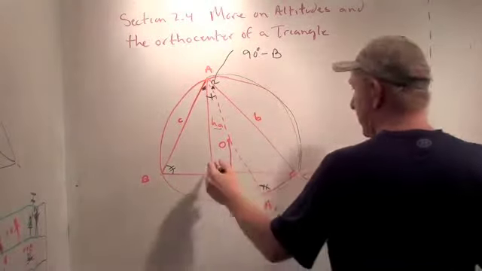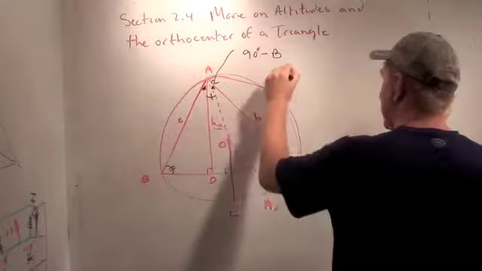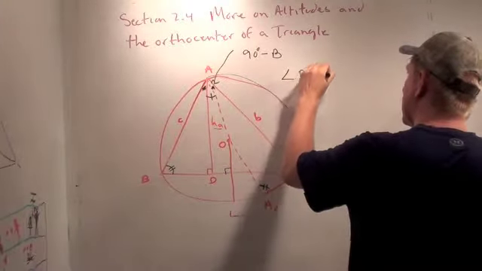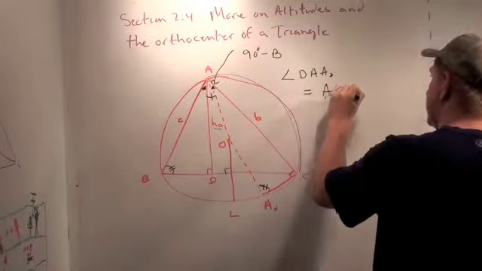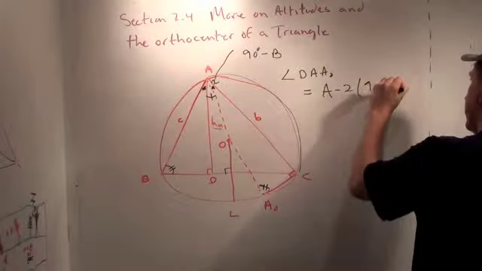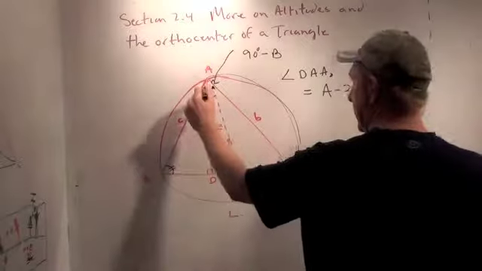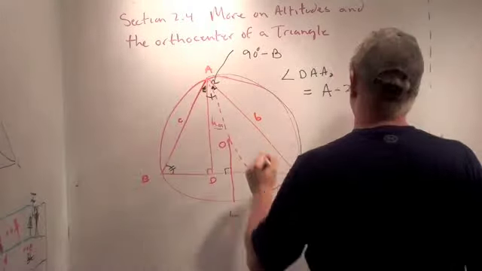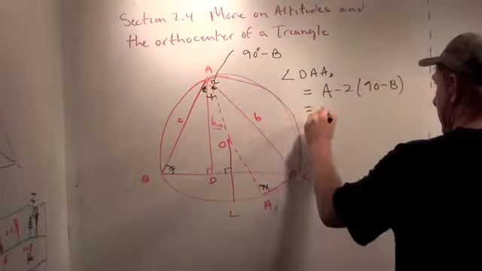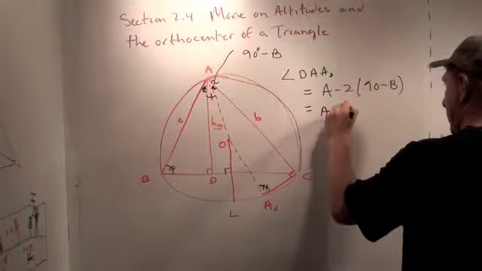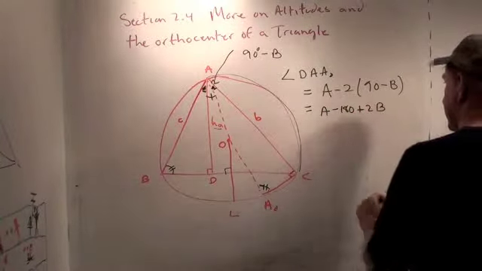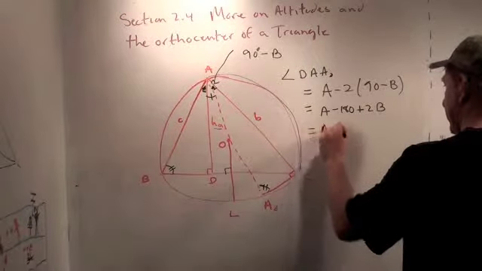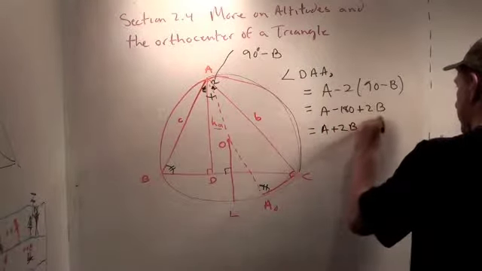So the angle that we're looking for, angle DAA naught, equals angle A minus twice 90 minus B. Because this is 90 minus B and this is 90 minus B, which equals A minus 180 plus 2B. Let me just write A plus 2B minus 180.